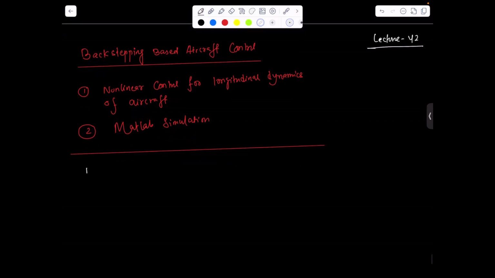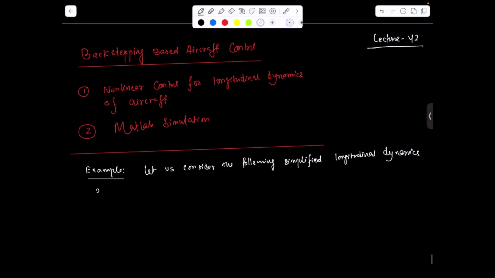Example. Let us consider the following simplified longitudinal dynamics of an aircraft.